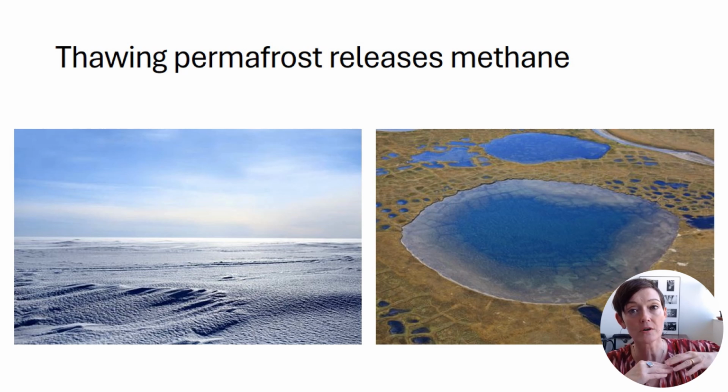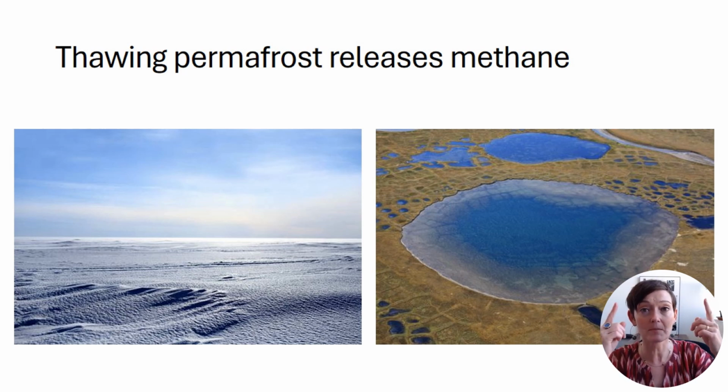So as it thaws, then all of that vegetation that has been trapped underneath it is starting to begin to decay, and as it decays, it is releasing methane into the atmosphere. And so the very process of us warming up the permafrost and making the permafrost melt means that then the earth itself is starting to contribute more methane into the atmosphere that humans are not contributing.